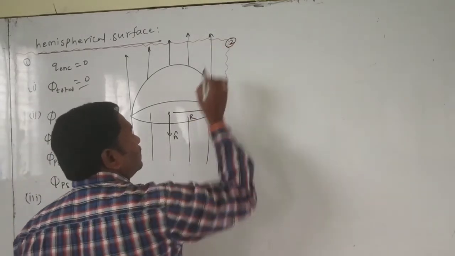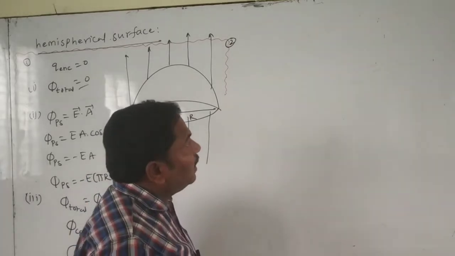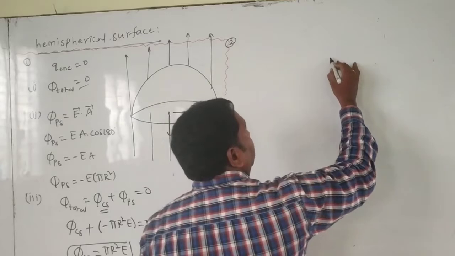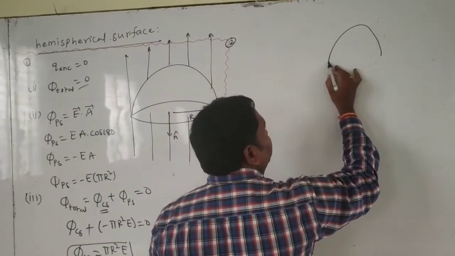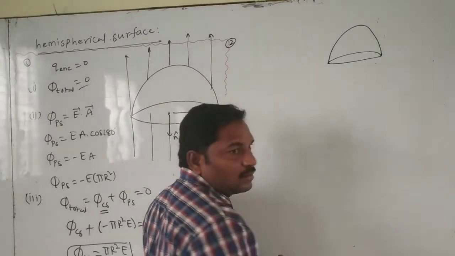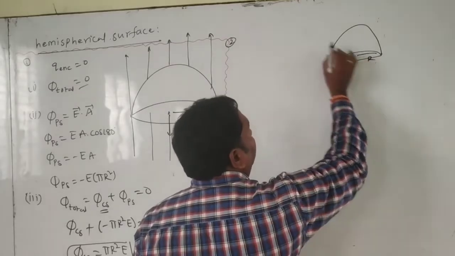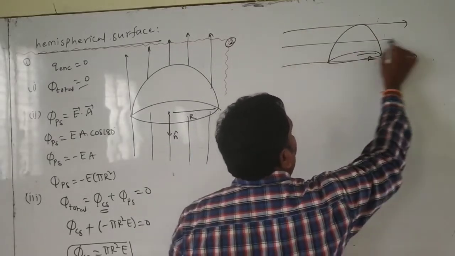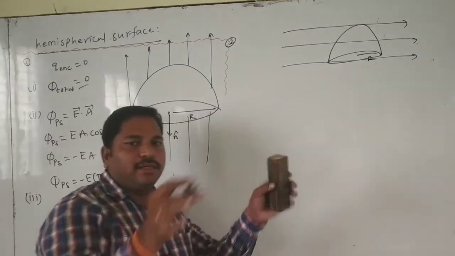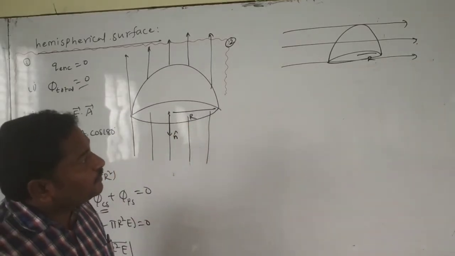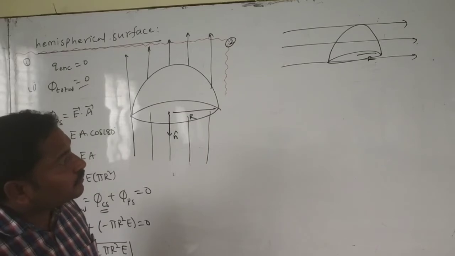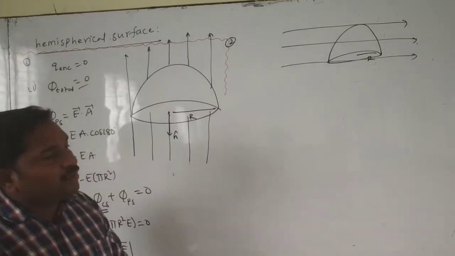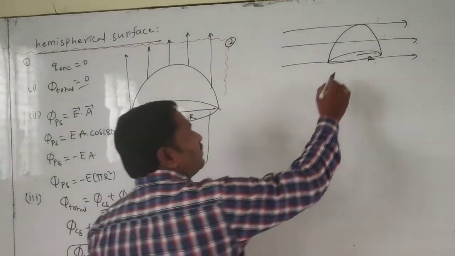Next, second case. In the second case, this is the hemispherical ball of radius r, and the electric field is like this. How much flux passes through the curved surface and flat surface?